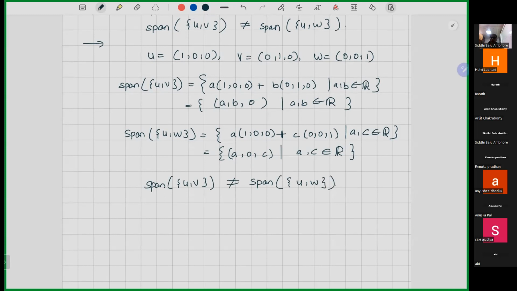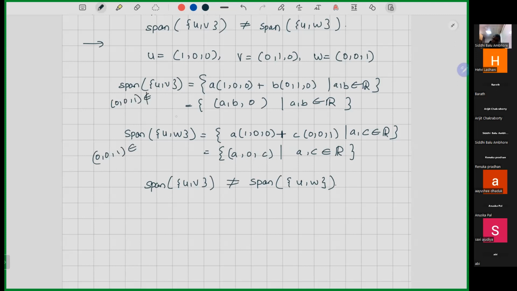This is clear because here we can vary the second coordinate, but here it is always fixed at 0. And to be precise, or to give an explicit example, the element (0, 0, 1) belongs here, but the element (0, 0, 1) doesn't belong here.